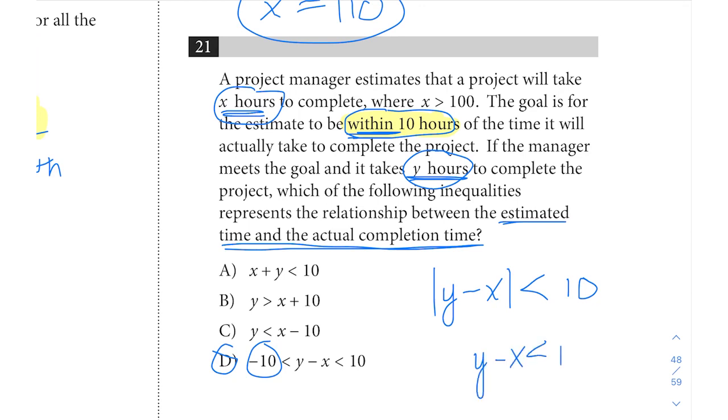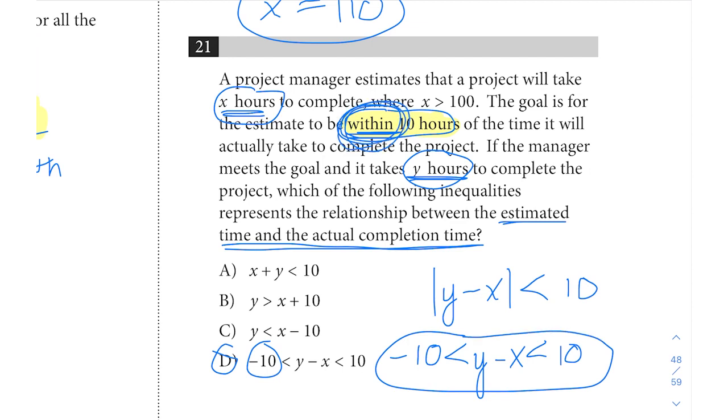This is the equivalent of saying that the positive version, Y minus X, is less than 10. But also the negative version, it has to be greater than negative 10 on the other side to account for that range of values. And this all stems back to the wording here of within. So within is a key word that lets us know that we have to find our expression, but then we have to be within both a positive and negative difference between those actual and estimated hours in order to find our correct answer, choice D.